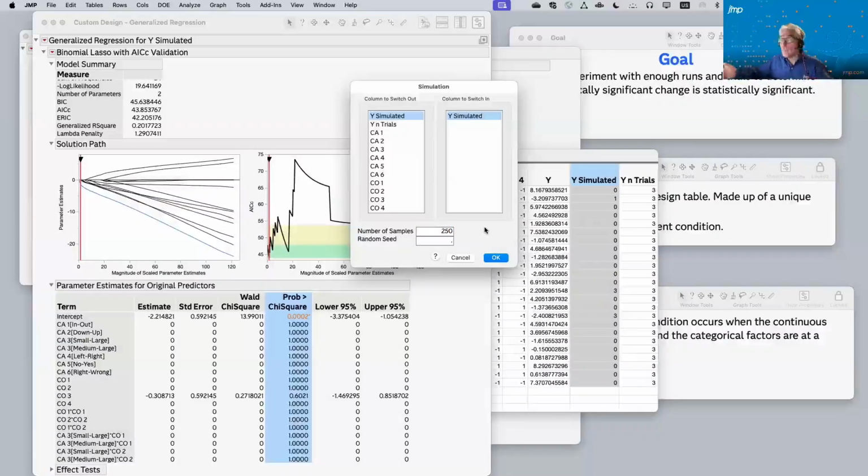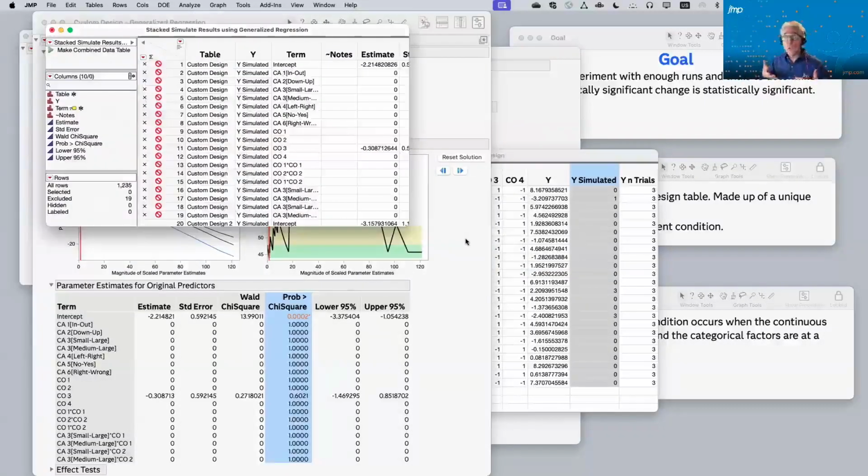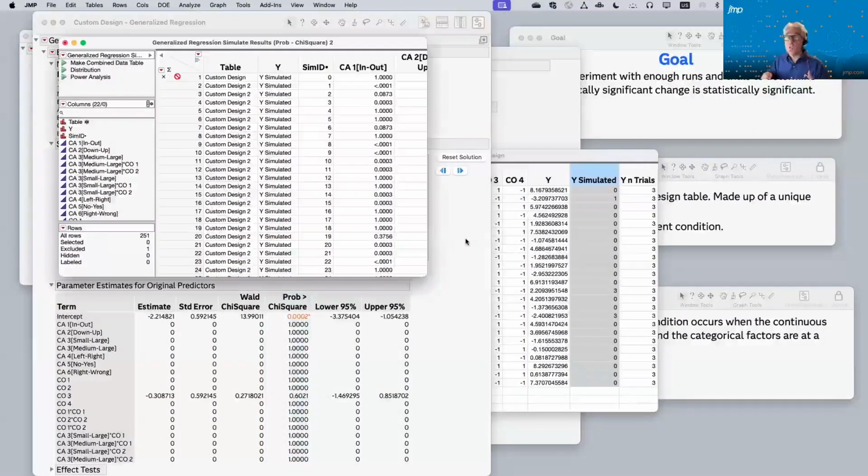So I pick the number of runs I want to do, 2,500, 10,000, however much time you can afford, and I click OK. Now JMP will rerun that formula and redo the analysis with the lasso effects heredity turned off, and with all the settings that I picked.